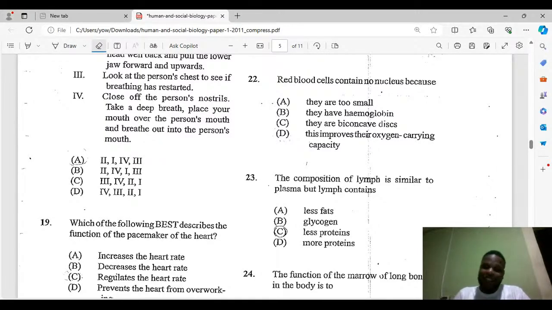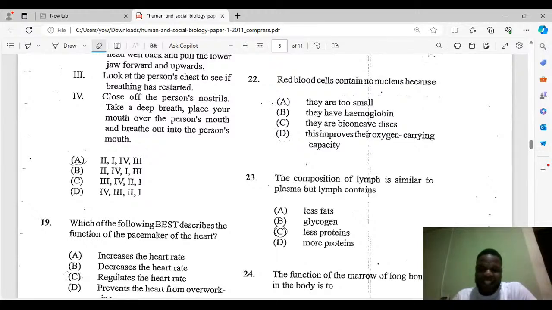So guys, the lymphatic system is what defends the body against infections. So your lymphatic system, your spleen, your armpit, your bone marrow, all of those things.